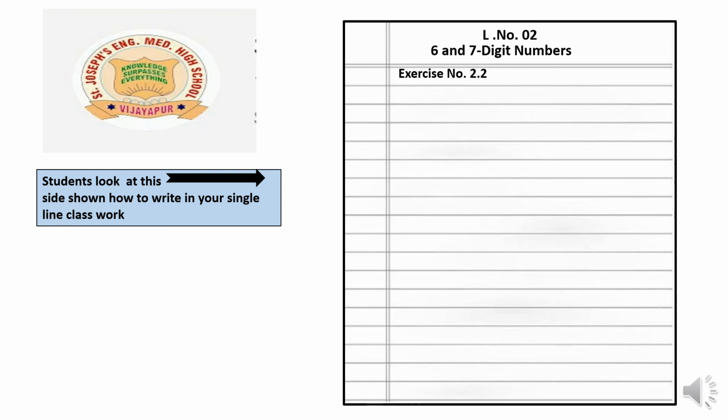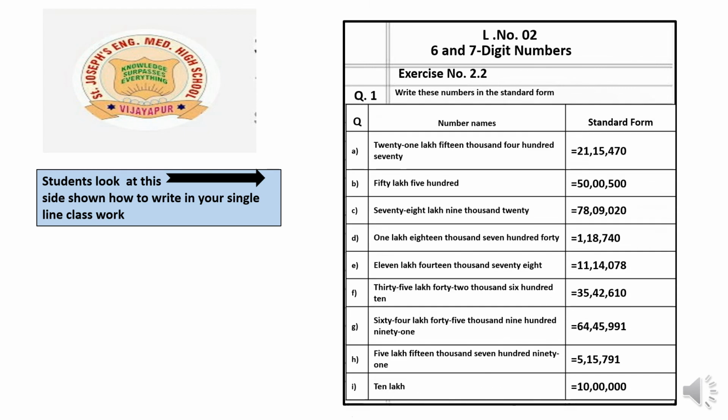Children, I am reminding you in every video to compulsorily write the exercise number, because without writing the exercise number you cannot find your answers properly. So compulsorily with a dark pencil you have to write the exercise number and also the question numbers. Question number 1: write these numbers in the standard form.